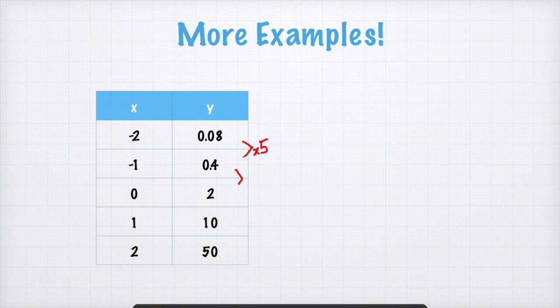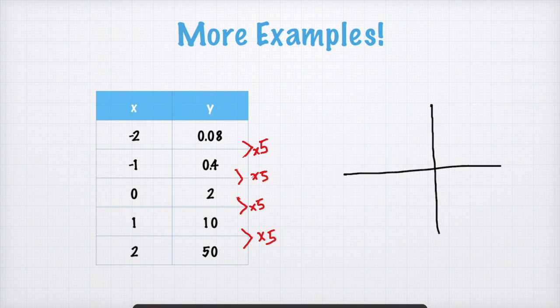Let's do 2 divided by 0.4. Oh, look, we get another times 5. And 2 times 5 is indeed 10, so we know that's right. 10 times 5 is 50, so we're good there. As soon as you see the pattern once, you can say, oh, that's what we're expecting. So this one here is an exponential. And remember, it's going to look something like that, where it starts low and ends high.